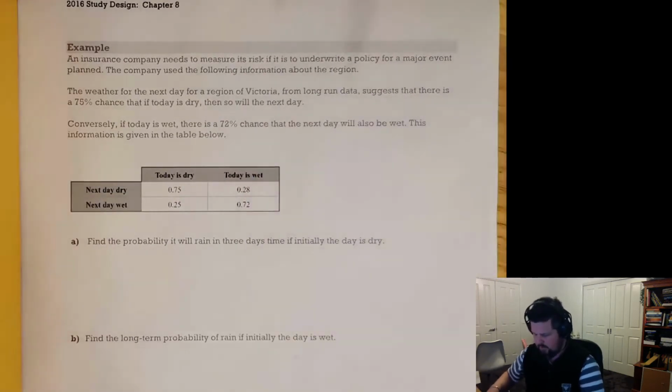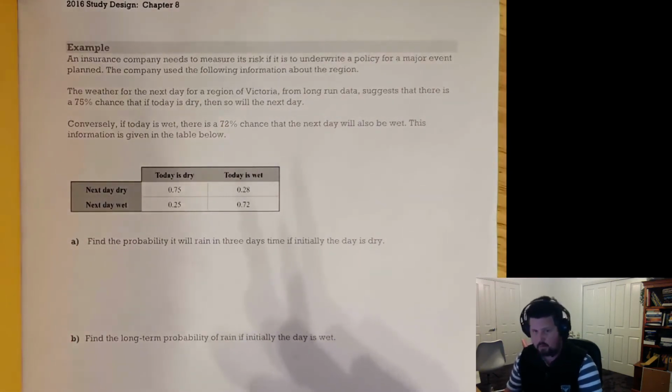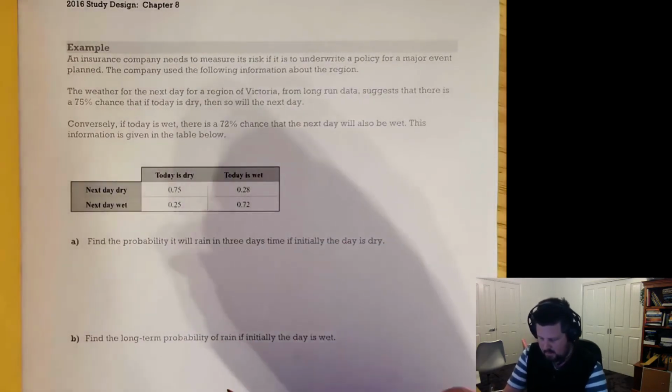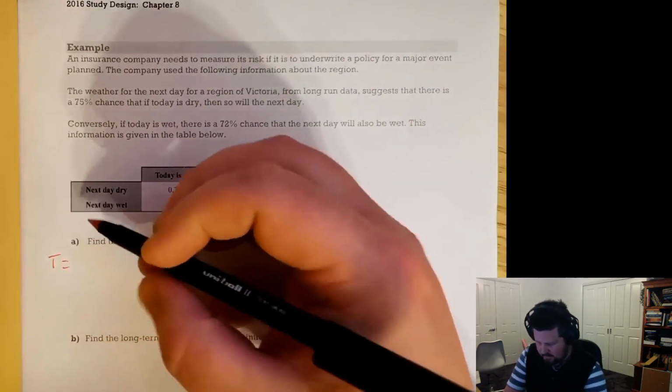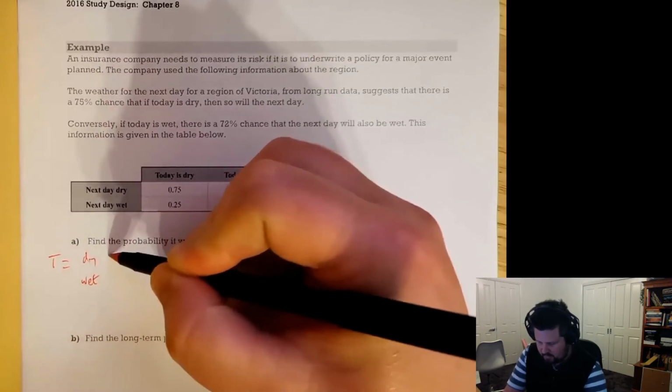Alrighty, the question goes on and asks us to find the probability that it will rain in 3 days' time if the initial day is dry. So, first thing we need to do is put this information into a transition matrix. So really simply, putting it in. Again, this was dry, this was wet, dry, wet.